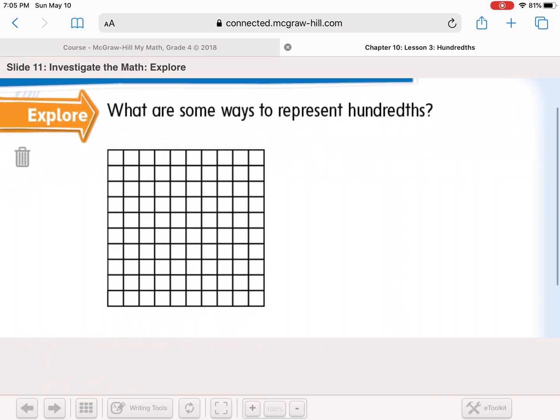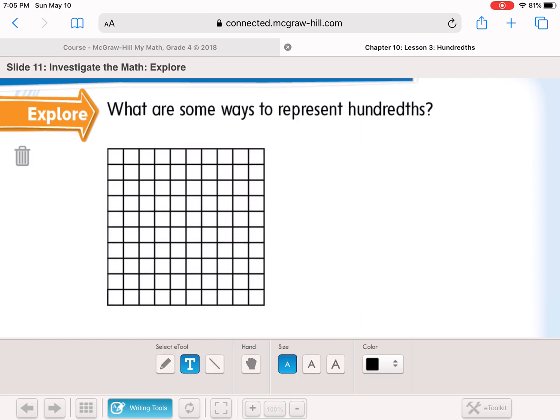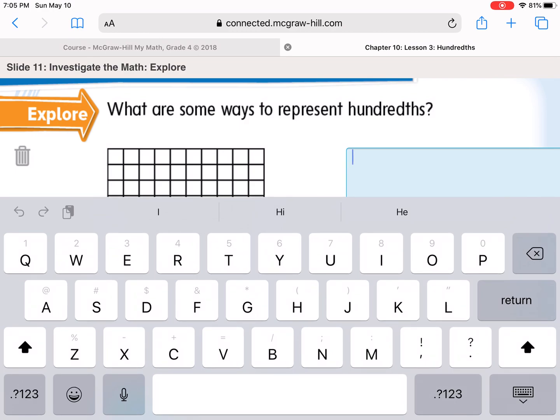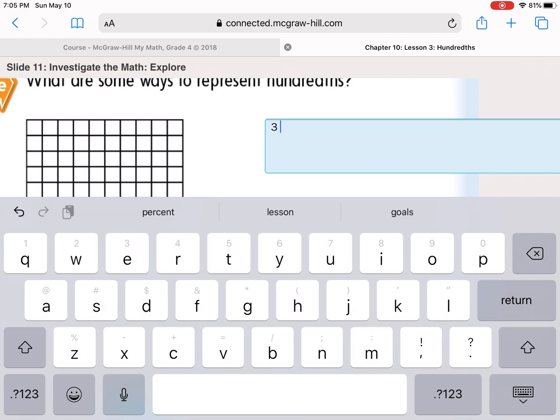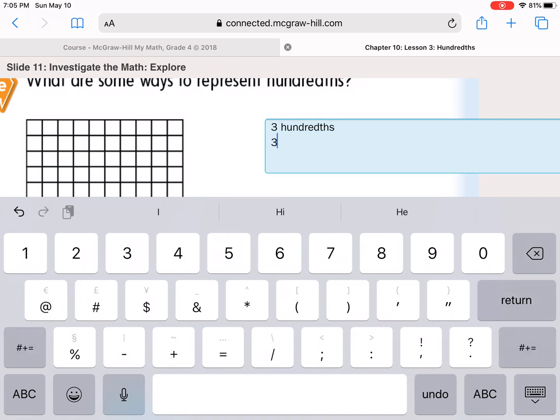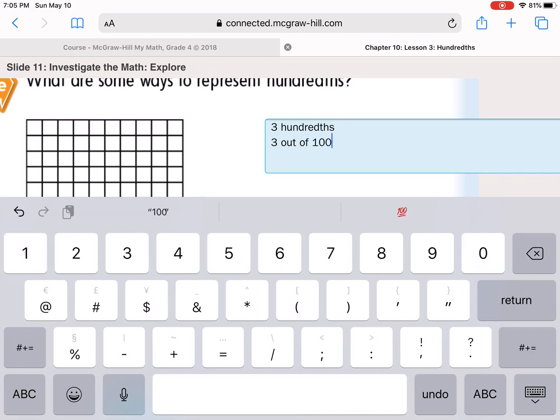What are some ways to represent hundredths? Well, there's many different ways to represent hundredths. If it was 3 hundredths, we could write it in words. We could do 3 out of 100.